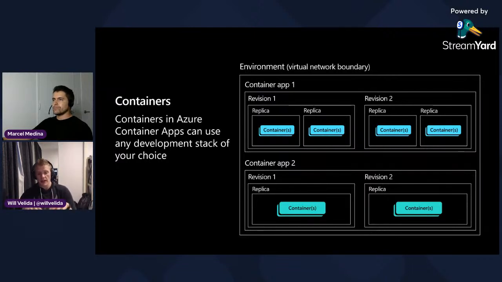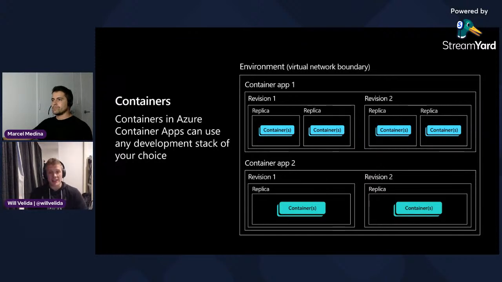Now, containers in Container Apps can use any runtime, programming language, or development stack of your choice. And as I mentioned earlier, they support any Linux-based container image. So if you have Linux workloads, you can deploy them to Azure Container Apps. There's no support for Windows containers as of this recording.